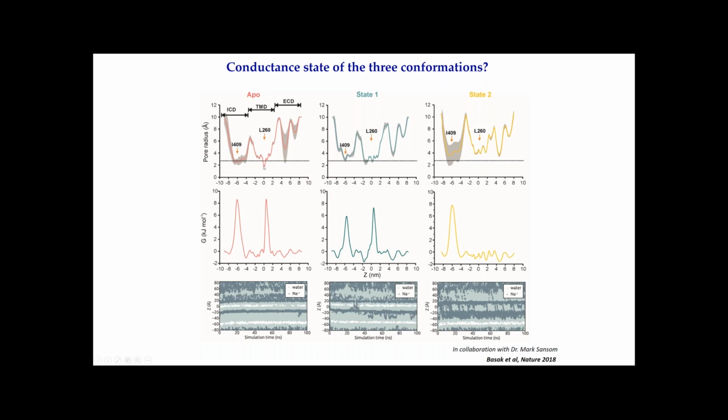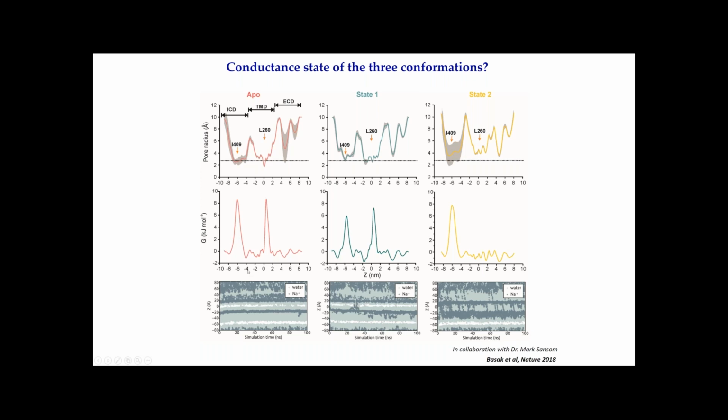And they see that this occurs right at the leucine, which forms the activation gate of the channel in the resting conformation, and the hydrophobic patch of residues at the tip of the intracellular domain. In state 1, this barrier starts to decrease, whereas in state 2, the barrier within the transmembrane domain completely disappears, in line with the idea that state 2 might represent an open conducting conformation.